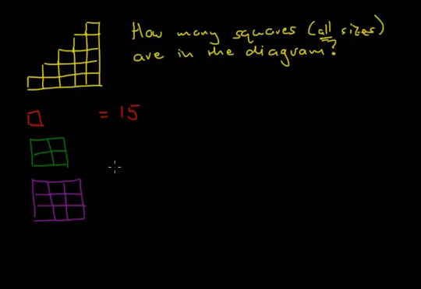Well, this is a little bit more tricky. The reason it's slightly trickier is that if we have one, okay, so we've got one here, and we've got another one here. So that's 2.